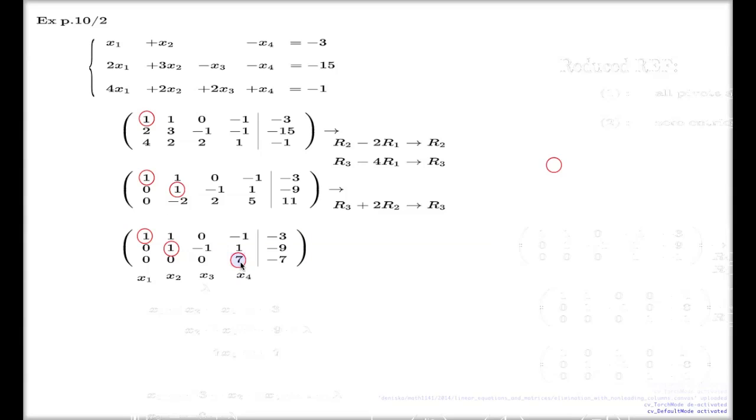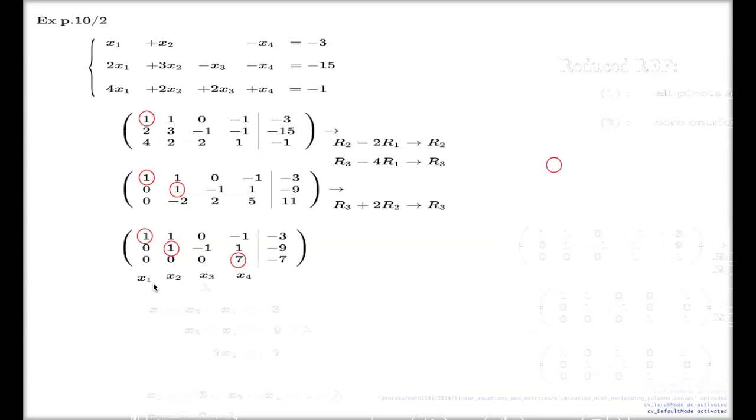We have three columns with pivots, three leading ones, and one column, normally called a non-leading column, because it doesn't have any pivot. Think about this trick. If I convert back to the system of linear equations and put my unknowns back in, remember what I just said: when you have a perfect triangular shape, all leading columns on the left, you can always back substitute.